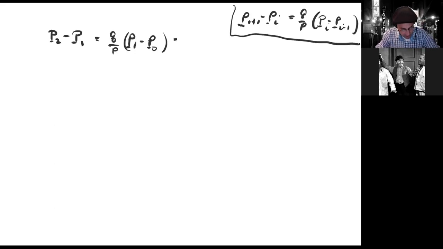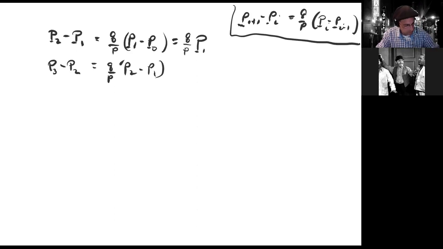And because p0 is 0, this is the same as q over p times p1, because the p0 term goes away. We also have p3 minus p2, and that's q over p times p2 minus p1.